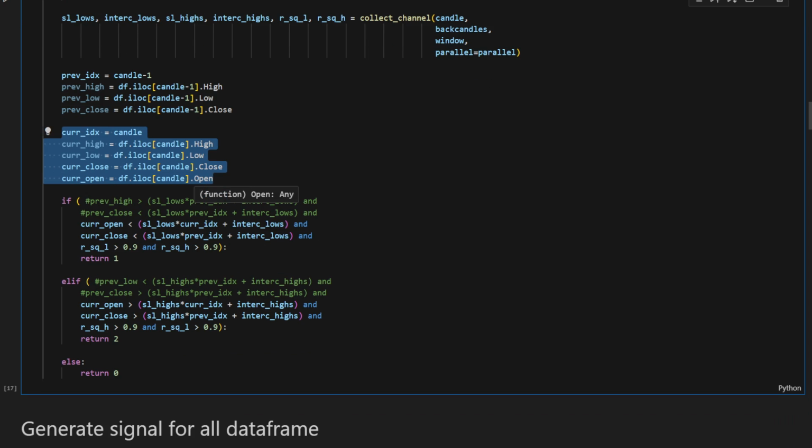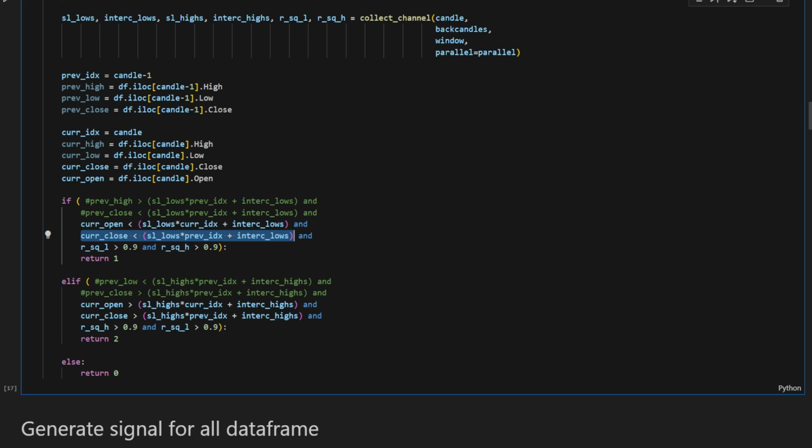We're going to use these to define different variations of our breakout, because you might want to experiment with these. So for example, the current setup is the following. If the current open, or the current candle, is opening below the lower slope of the channel, and at the same time the close, it's closing also below the channel.